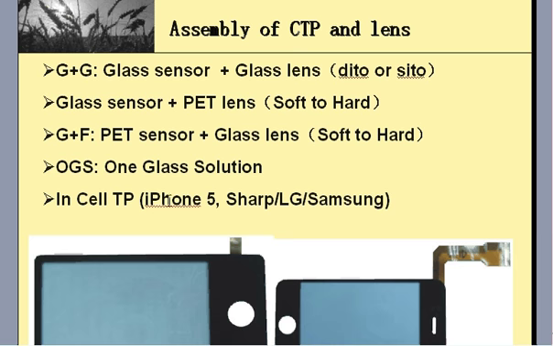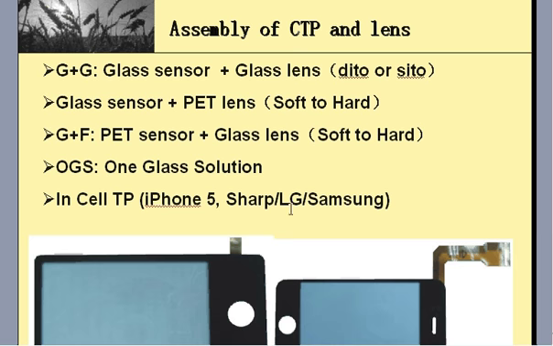And recently, iPhone uses in-cell touch panel. Actually there is no separate touch panel on the TFT, on the LCD. All the touch panel is embedded inside the LCD process.